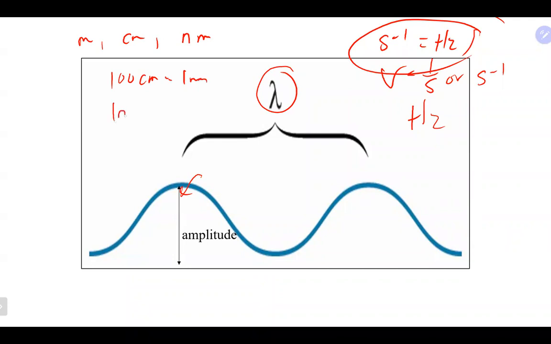And in 1 nanometer, there are 10 to the minus 9 meters, or 1 times 10 to the minus 9 meters is equal to 1 nanometer. Don't flip that around the wrong way and go 10 to the minus 9 nanometers to meters. That again is the proper way to do it: 1 times 10 to the minus 9.